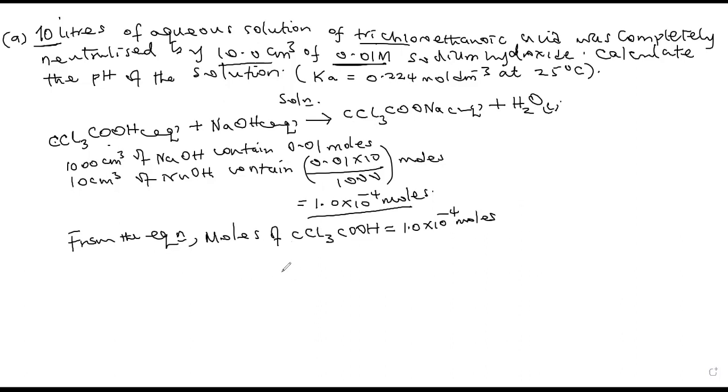So after getting these moles, if 10 liters contain these moles, and I need moles in 1 liter, I will say that 10 liters of trichloroethanoic acid contain 1 times 10 to the power negative 4 moles.